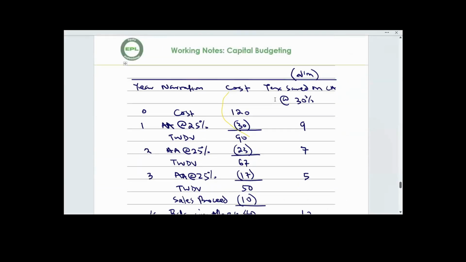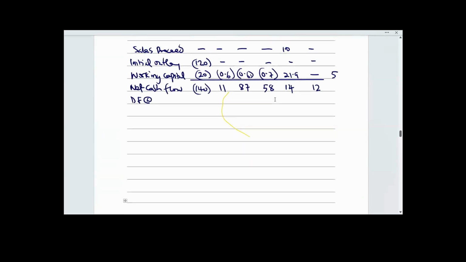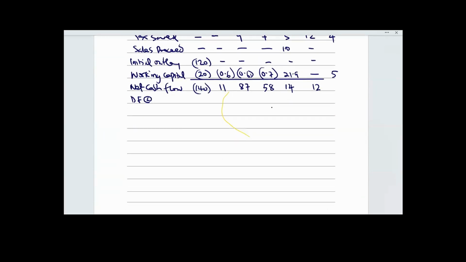So if that is the case, let's go and discount our cash flows. You can see it's not child's play. All right, so here is 11%. Discount factor at year 0 is 1. Then 11% for year 1: 1.11 raised to power 1 gives 0.901.